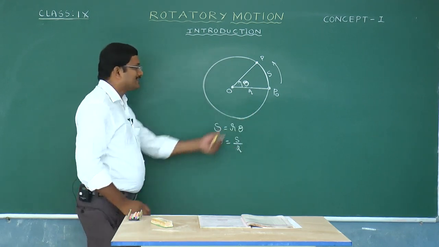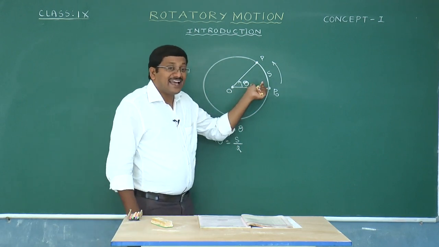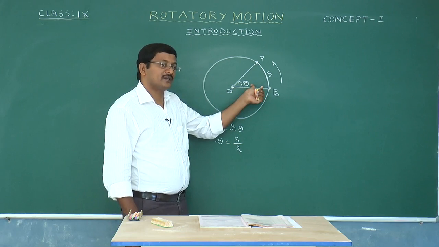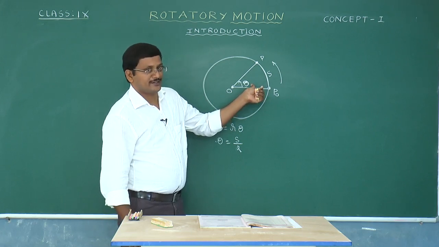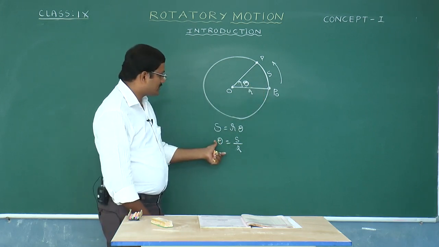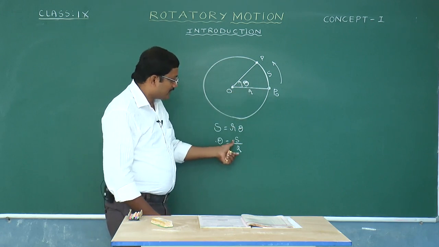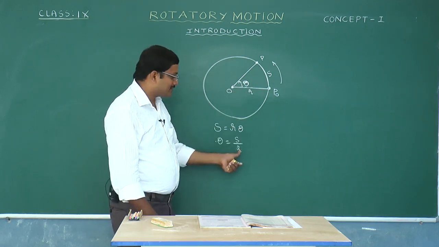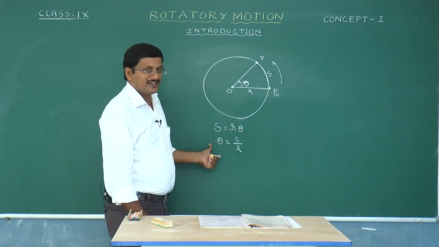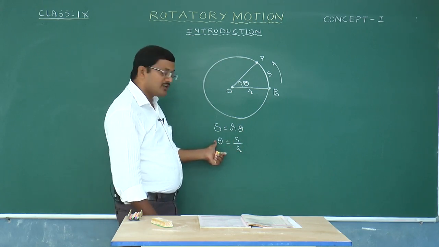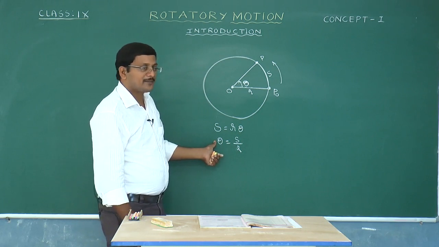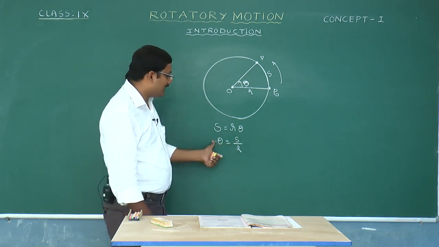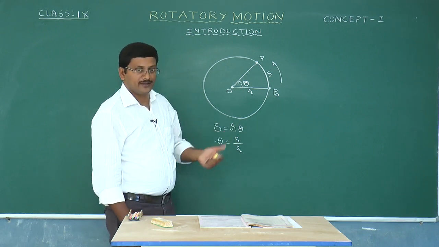This angle is called the angular position, also described as angular displacement in rotatory motion. S is measured in meters and r is also measured in meters, so theta is a dimensionless quantity, meaning it has units but not dimensions. Its practical units are degrees and revolutions, and its SI unit is radians.